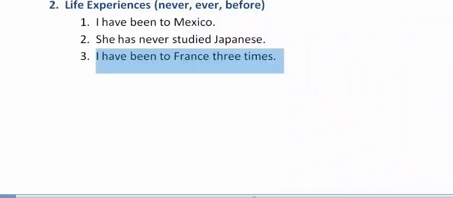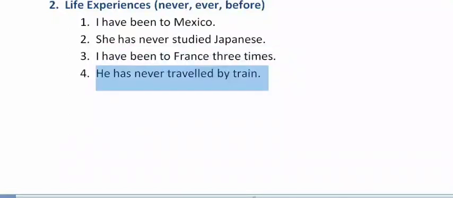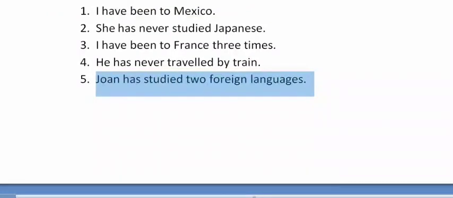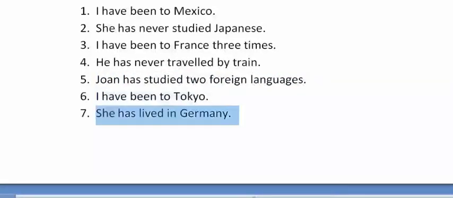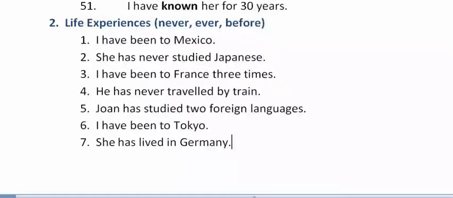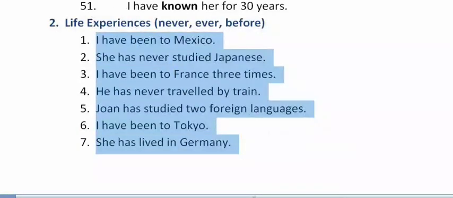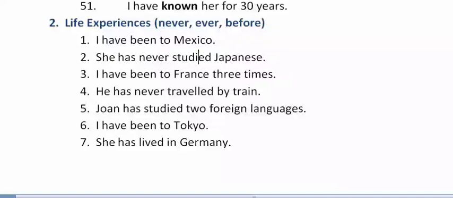I have been to France 3 times. He has never traveled by train. John has studied 2 foreign languages. Or should we pronounce it as Joan? I have been to Tokyo. She has lived in Germany. So, friends, these are comparatively small sentences just to narrate experiences. And you must have observed that all these sentences have words like never, ever, before, etc.